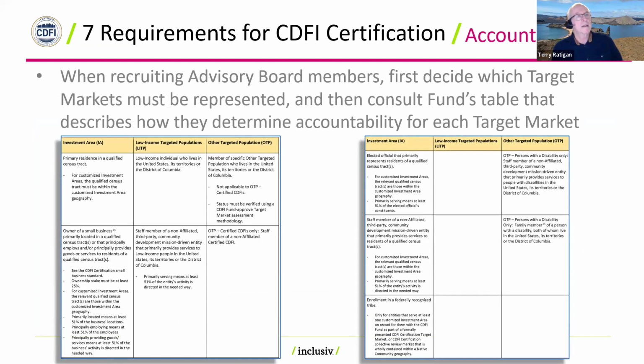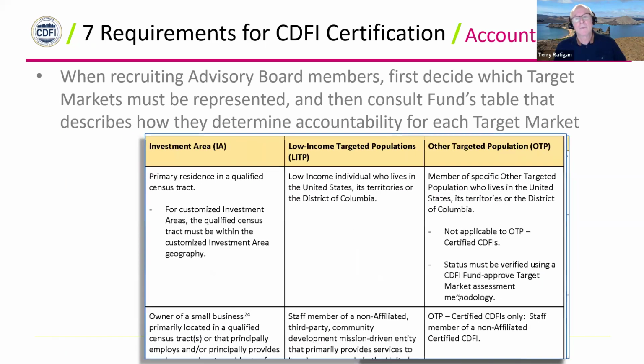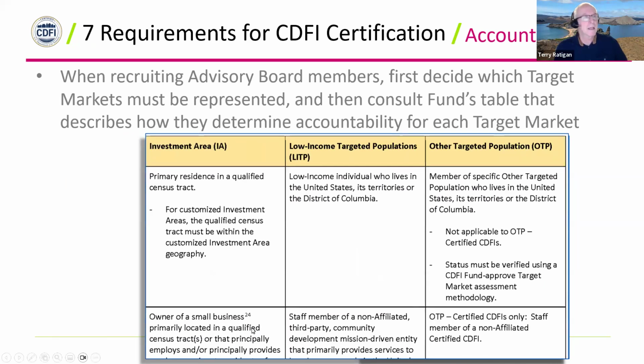And what they consider to be representative is spelled out in some very detailed tables. So this can help you say, well, we need someone that's representative of an investment area. You can look at the specifics of what they consider to be representative of an investment area.